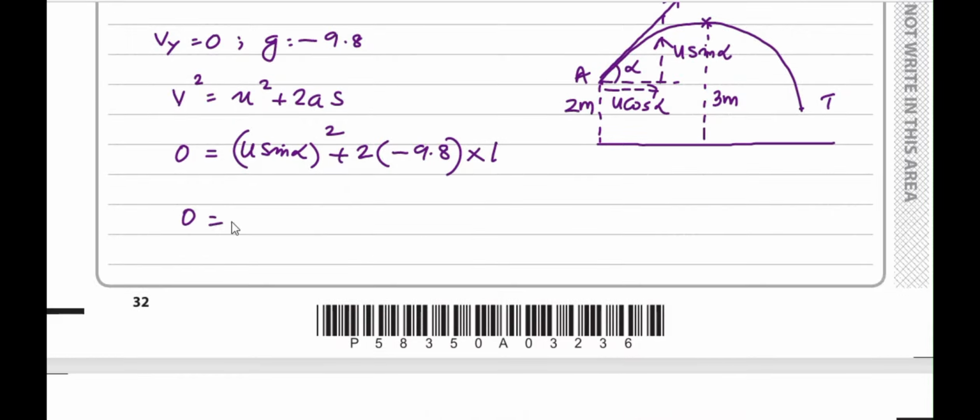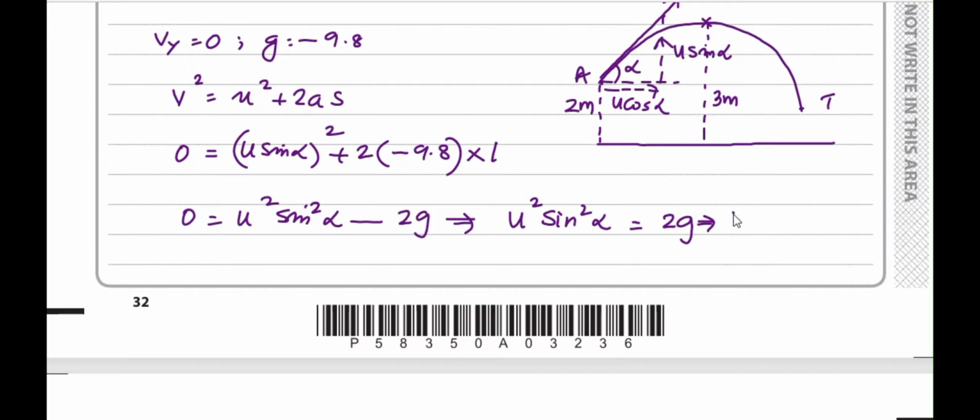Simplifying this, 0 is equal to u squared sine squared alpha minus, since the question wants us to retain the g instead of 9.8, let's write minus 2g. This means u squared sine squared alpha is equal to 2g, which leads to u squared is equal to 2g upon sine squared alpha, which is what the question wanted us to show.